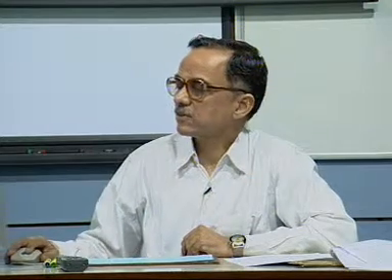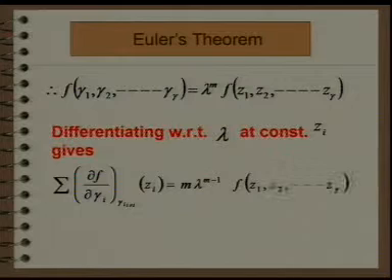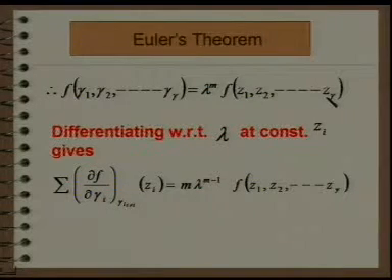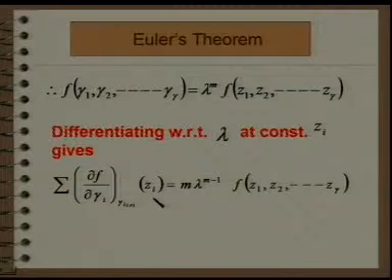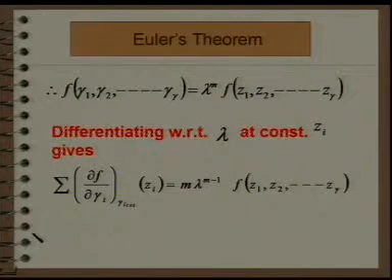Okay. So, if you differentiate with respect to lambda, this will be the result, because lambda m will give you m lambda m minus 1, and all this is constant. Here, because gammas are all functions of lambda, you will write differentiation with respect to gamma 1 into d gamma over d lambda, and each d gamma over d lambda will be zi. So, you get this result. Okay. And this is the general result which you get.